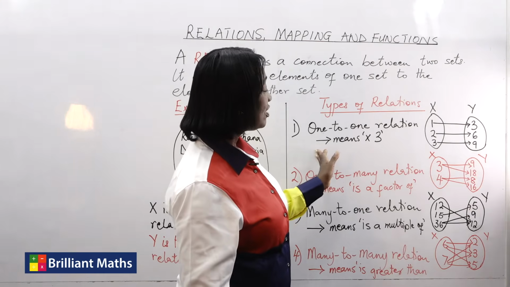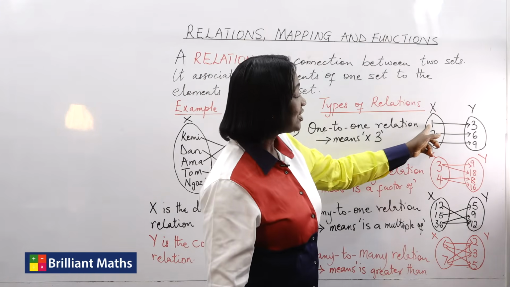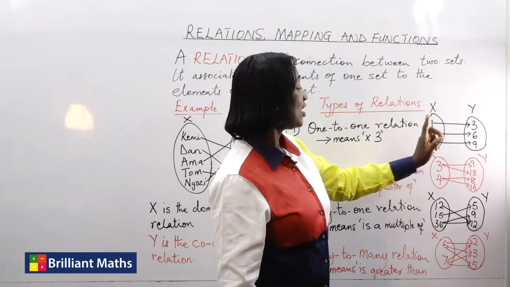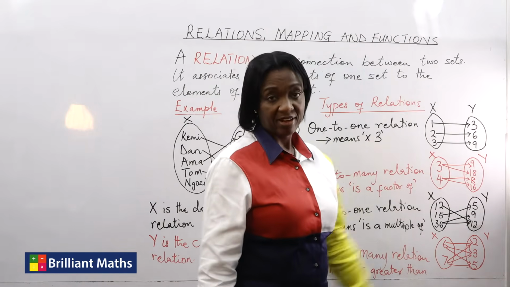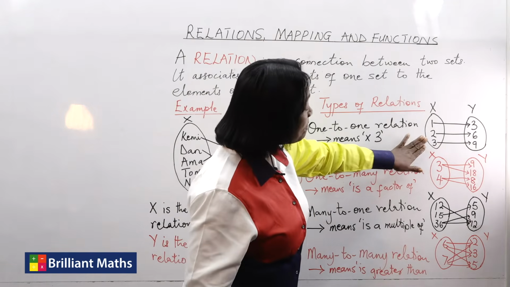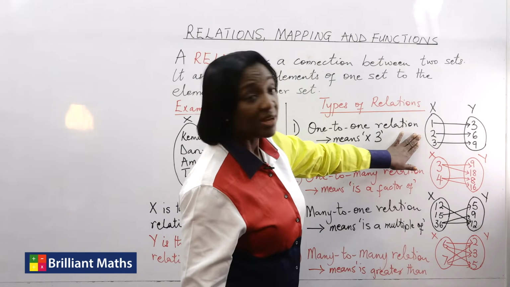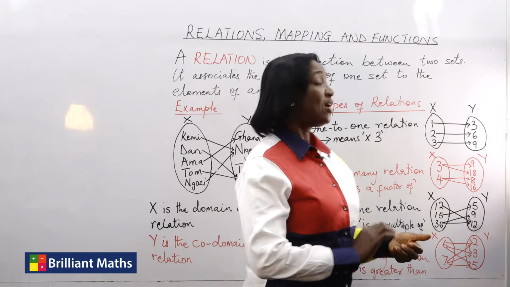The relation is times 3. So 1 times 3 is 3, 2 times 3 is 6, and 3 times 3 is 9. So in this type of relation, each member of the domain has a unique image in the codomain.